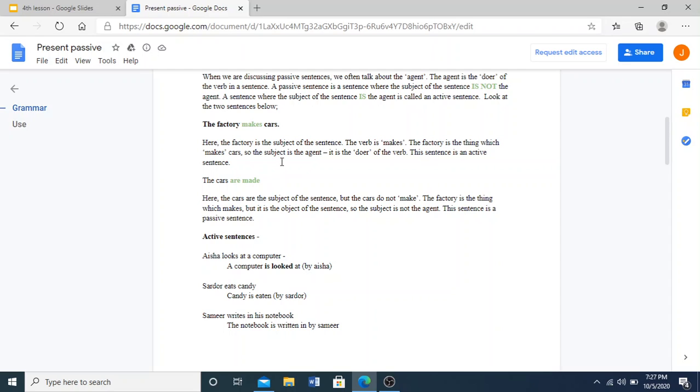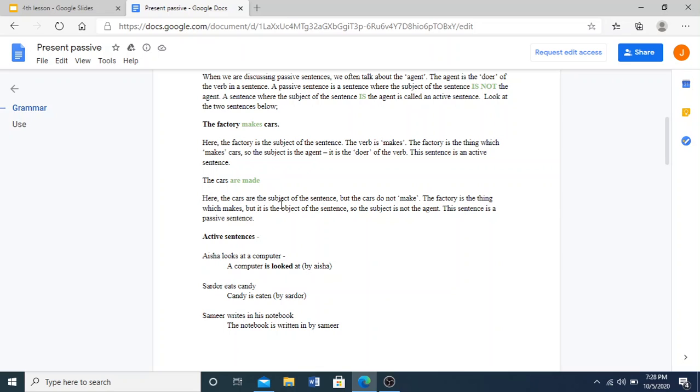Remember, in the passive, we do not necessarily show who is the doer. So in a sentence where you have the doer of the action, it is called an active sentence. And in a sentence where the doer of the action is not indicated, it is a passive sentence, and that is what we're dealing with right now. The cars are made.